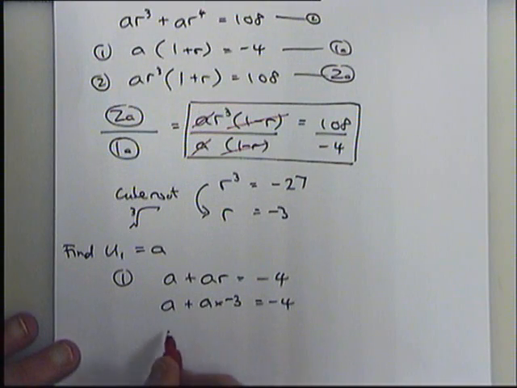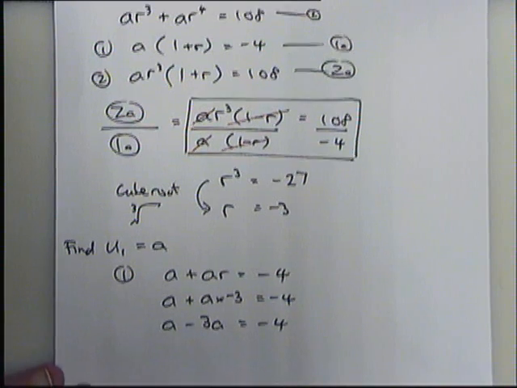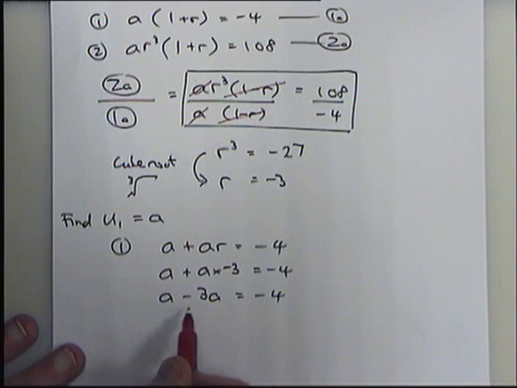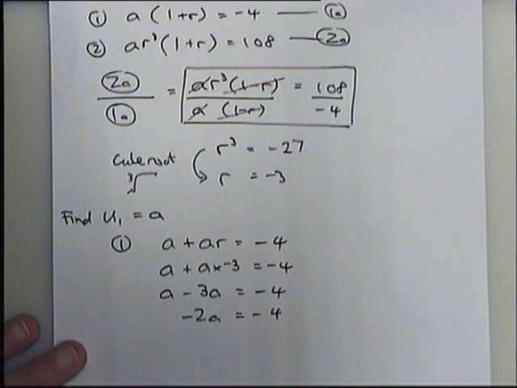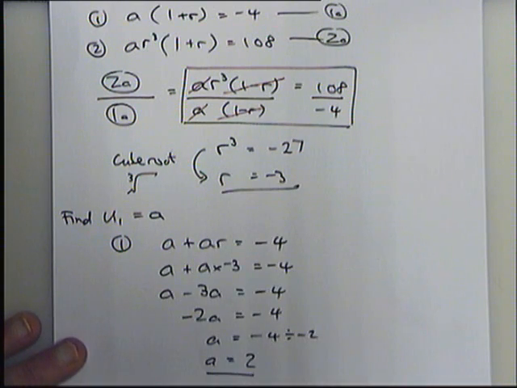The usual way of writing that would be a minus 3a equals -4. So if I have 1a, take away 3a, effectively I've got -2a equals -4. And if I divide both sides of this by -2, the -2 disappears on the left, and -4 divided by -2 is 2. So I have a is 2, I have r is -3.